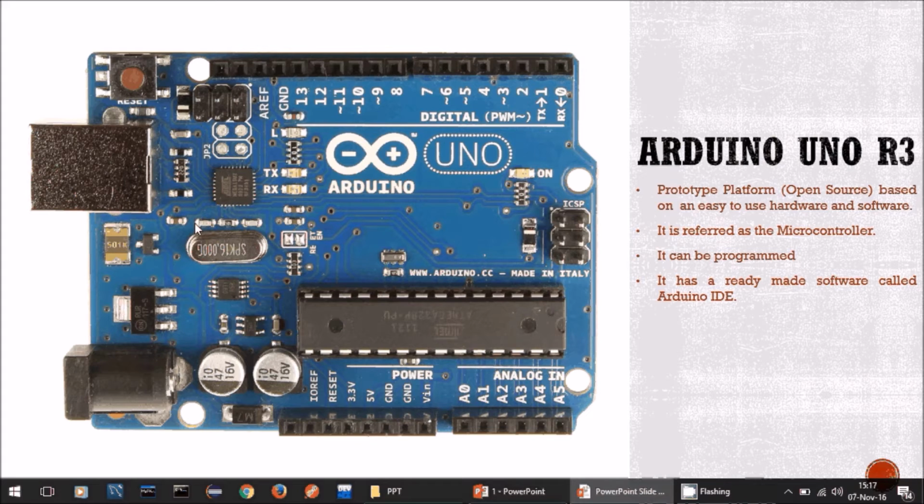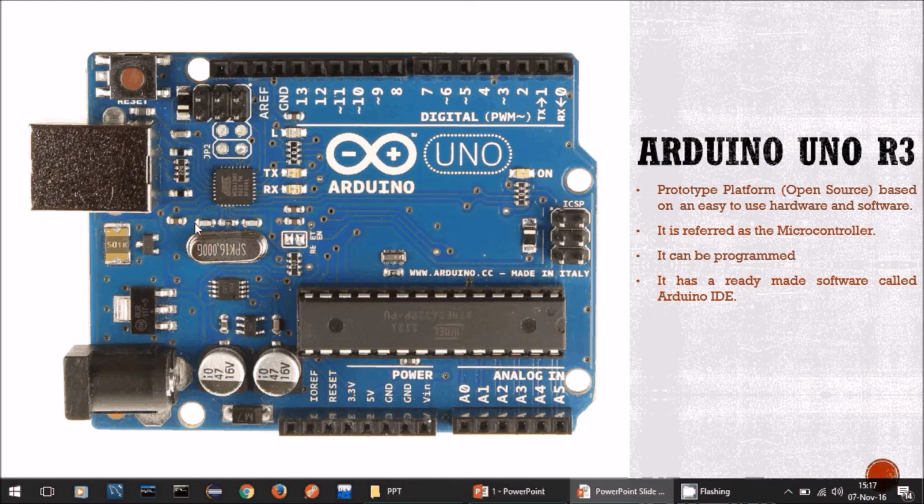We are going to make a small model of it. So those things are prototypes, and it is open source, which means it can be copied. You can get the full structure or architecture of the board and you can create your own Arduino board.